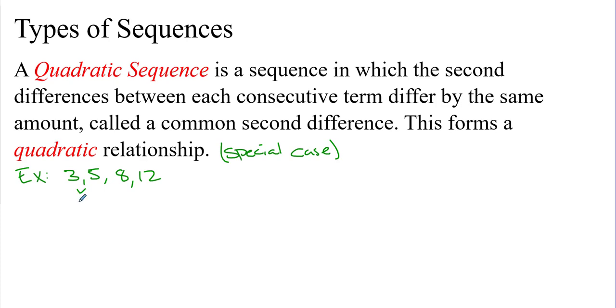Okay, if you haven't guessed already, from 3 to 5, looks like I'm adding 2, then I'm adding 3, then I'm adding 4, and so on. Okay. How would I write this? Okay, this one, we always start off the same, a sub n, then we find that previous term, n minus 1, but with this common second difference, because we can't say plus 2 and then plus 3, we've got this little trick that says we're going to say plus n.